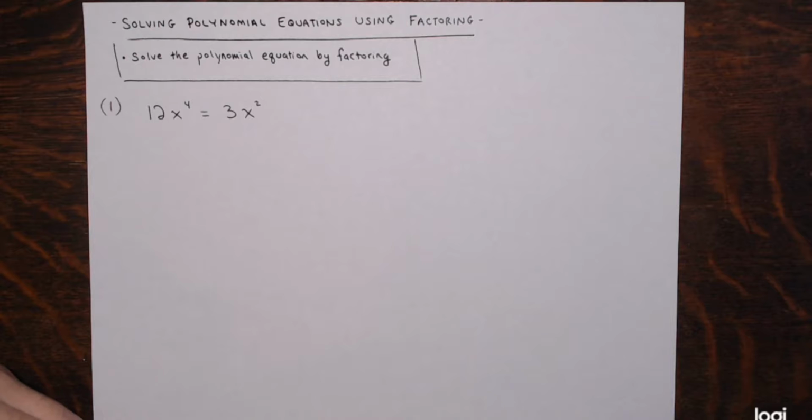It's a degree 2 polynomial equation. So what we're going to be seeing in this video are just some higher degree polynomial equations. But I'm still going to be solving them in the same way that I solved quadratic equations by factoring.